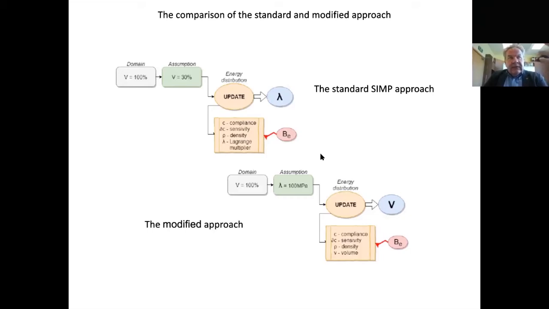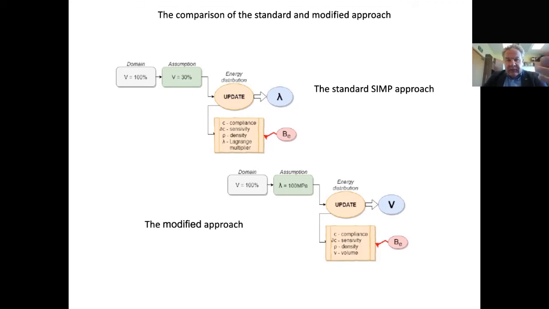This is what we want to observe from nature, and this is what we call biomimetics. So there is one value of the strain energy density which is good or the best for the structure.